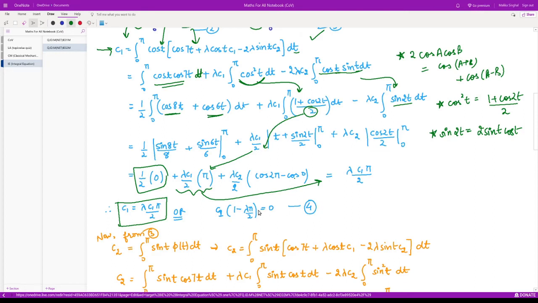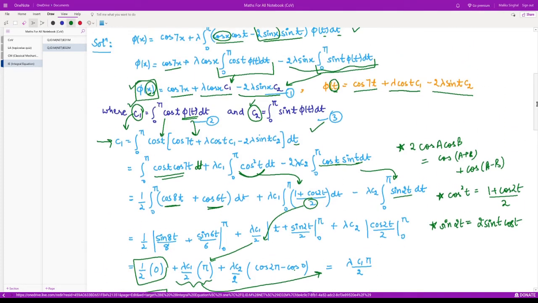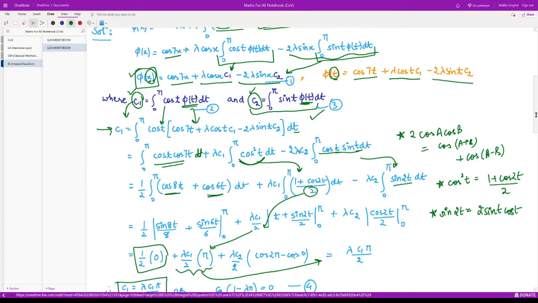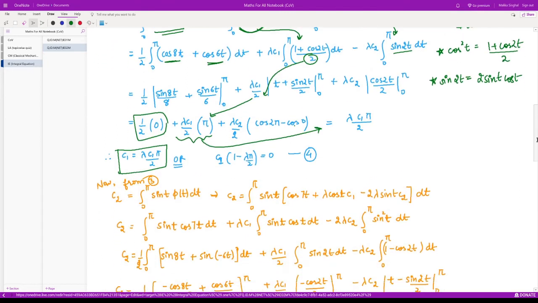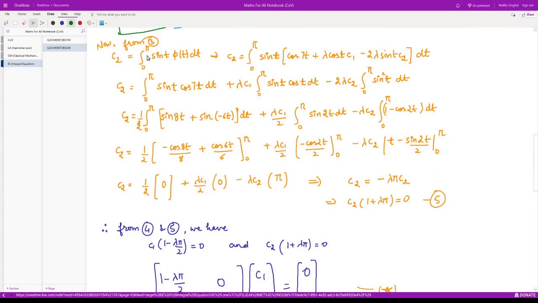This is one equation. Let us now calculate the second equation using this formula of C2. We will put the value of phi of t here. Let us see what we obtain. So C2 would be the integration from 0 to pi of sine t phi t dt. We have just used the value of phi t as we have discussed before. Then we have separated the terms, right?